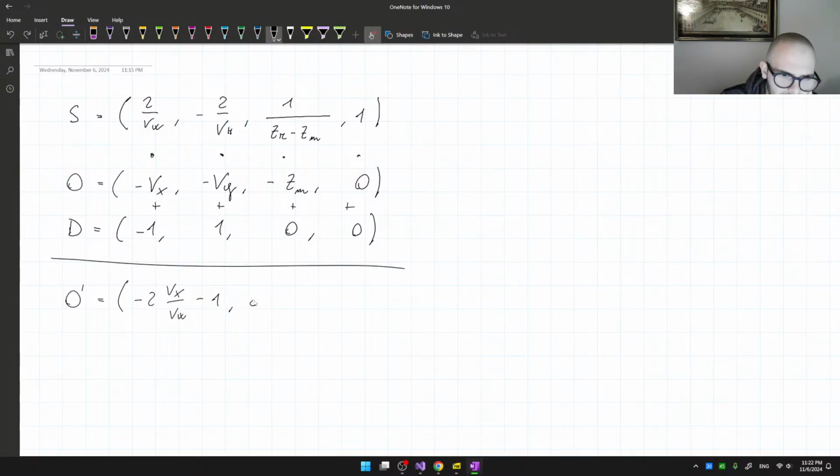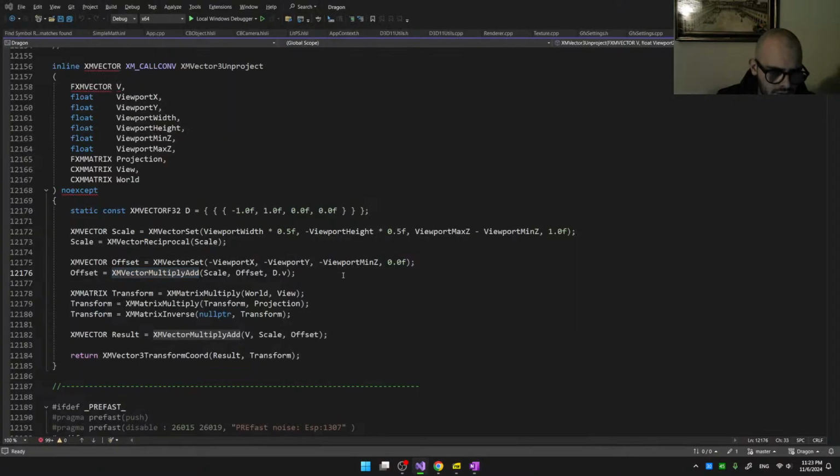So this is just 2 view y divided by the view height, but here we get the plus 1, and here it's just minus z min divided by z max minus z min, plus 0, since 1 times 0 is 0. Okay, this is the offset.